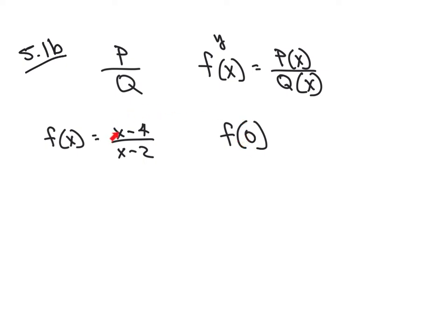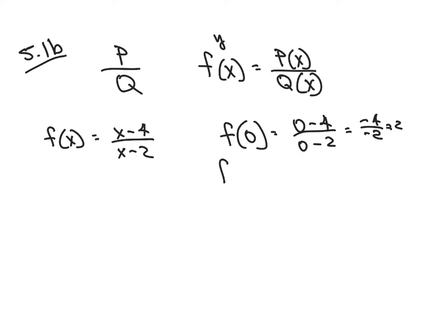So I'm going to put 0 in here and 0 in there. So f of 0 would be, what would my y value be if I put 0 in for x? Negative 4 over negative 2, which is going to give me a positive 2. So when I put 0 in for x, that's what I get.